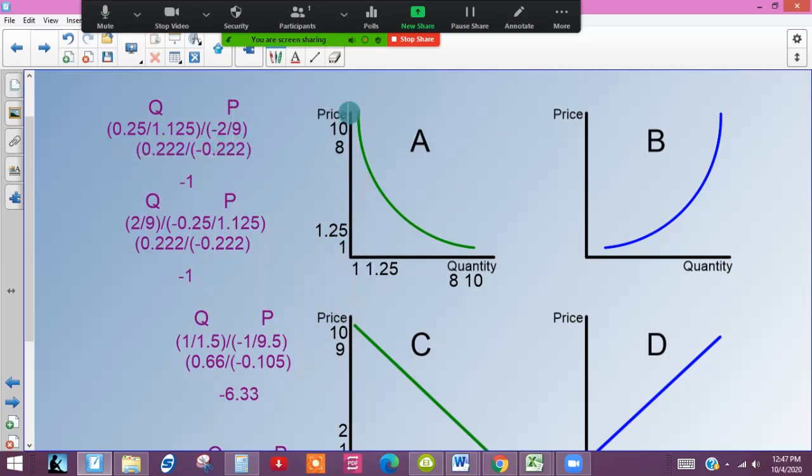Quantity is going up, price is going down, and we end up with a price elasticity of the absolute value of -1, which is 1.